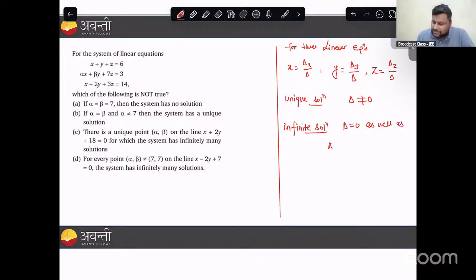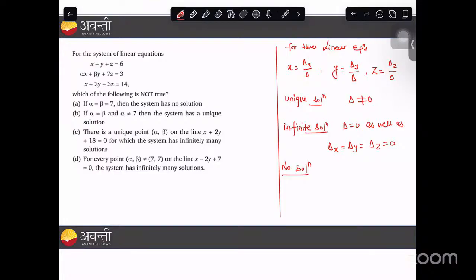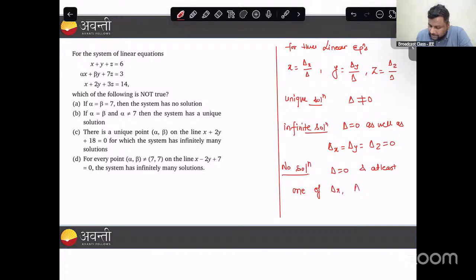As well as delta x equals to delta y equals to delta z equals to 0. Correct? And for no solution, Ranju? The delta is equals to 0 and at least one of delta x, delta y and delta z should be non-zero.